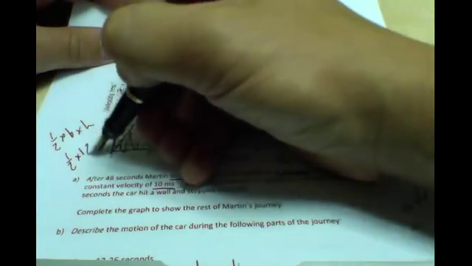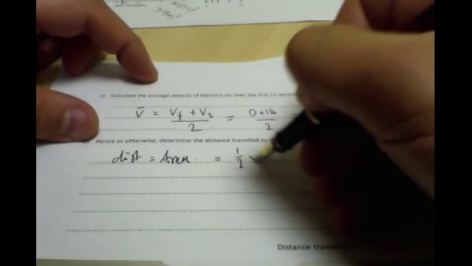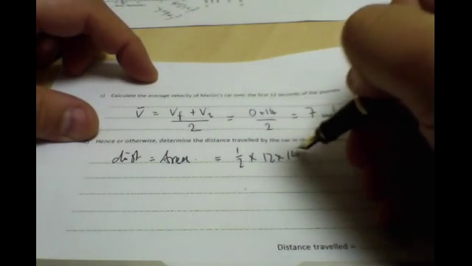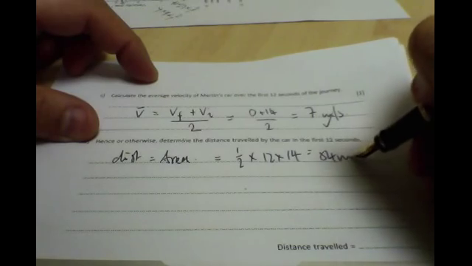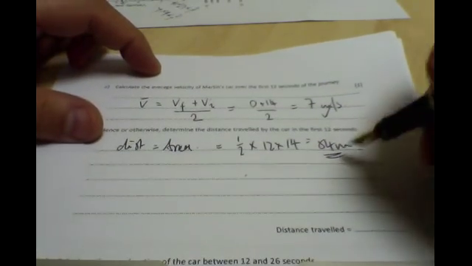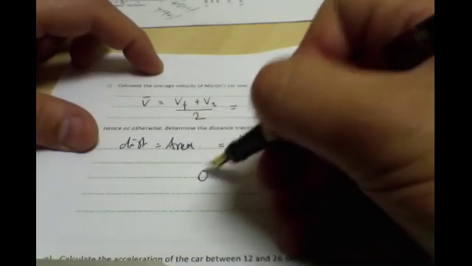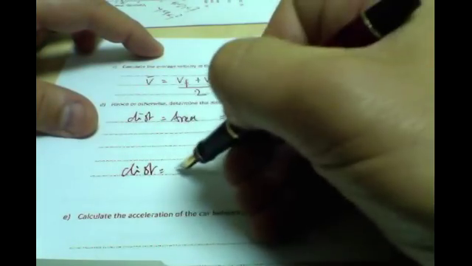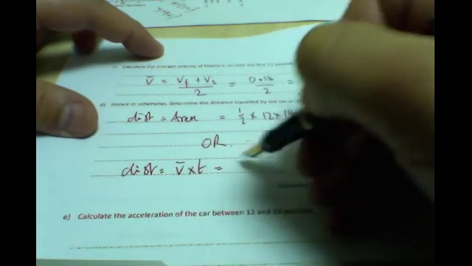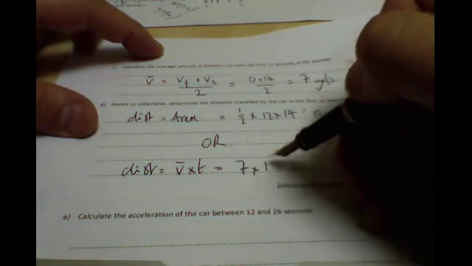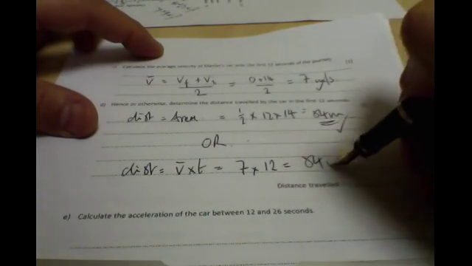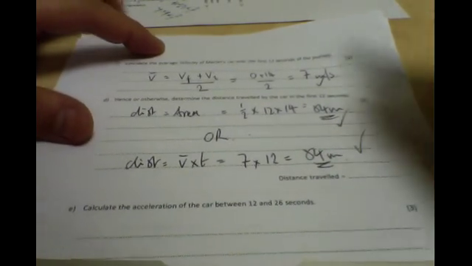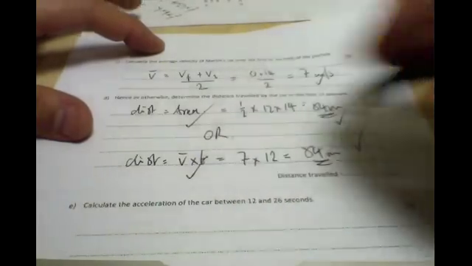A half times 12 times 14, giving us 84 meters. Or if you want, you could have said that the distance is the average speed times the time. 7 by 12, giving you 84 meters. Technique, answer, technique, answer.